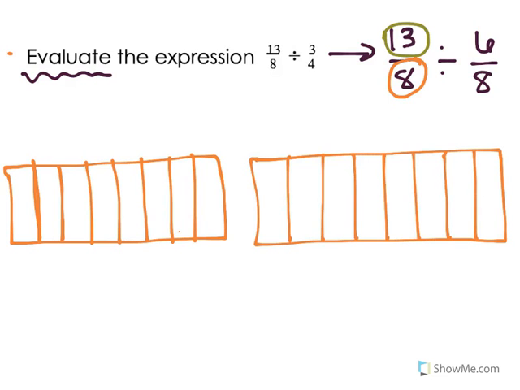So now that I have 2 tape diagrams, remembering that one tape diagram represents one whole, meaning that one whole is equal to 8/8 in this example. Now I need to represent my dividend, what I am starting with, the number that is being divided, and I'm going to represent that on the tape diagram by shading the number of boxes of the numerator of my dividend, which is 13.